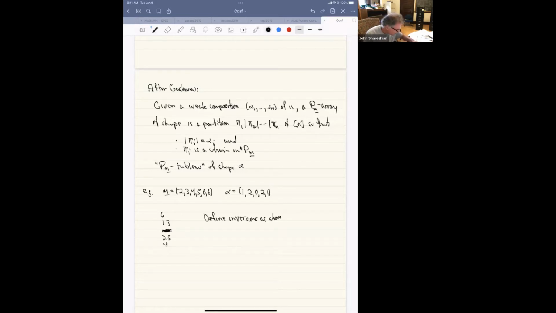Right, so we have this pair, and this pair, right? Those are the inversions, right? So this is more general, right? And a key point I want to make is this wouldn't be allowed in a tableau, right? This is something illegal in a tableau, but it's completely legal in one of these arrays, right?